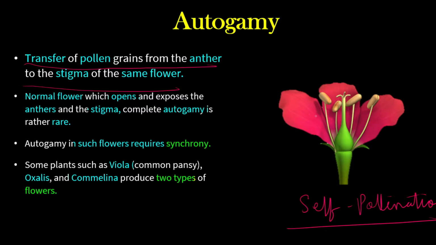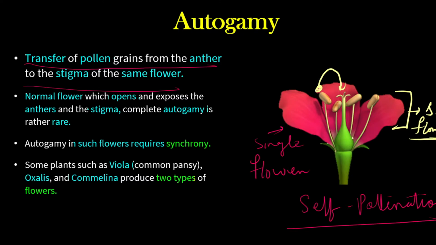You can observe that in a single flower, the anther produces pollen grains, and these pollen grains move from the anther to the stigma. Otherwise, I can also say the pollination occurs within a single or same flower. Here, a normal flower which opens exposes the anther and stigma.